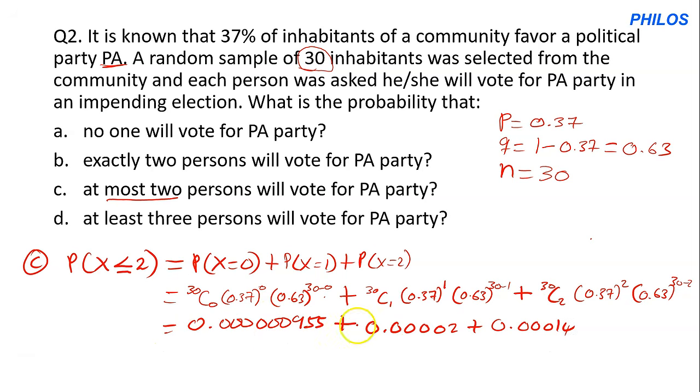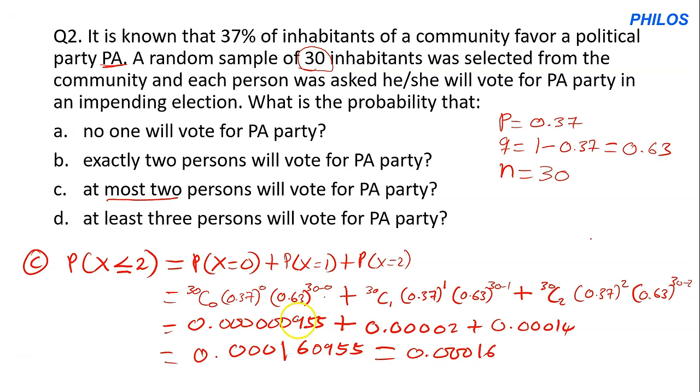So when you add the three of them together, you're going to get 0.000160955. So you can approximate it to 0.00016. So that is the answer to question C.